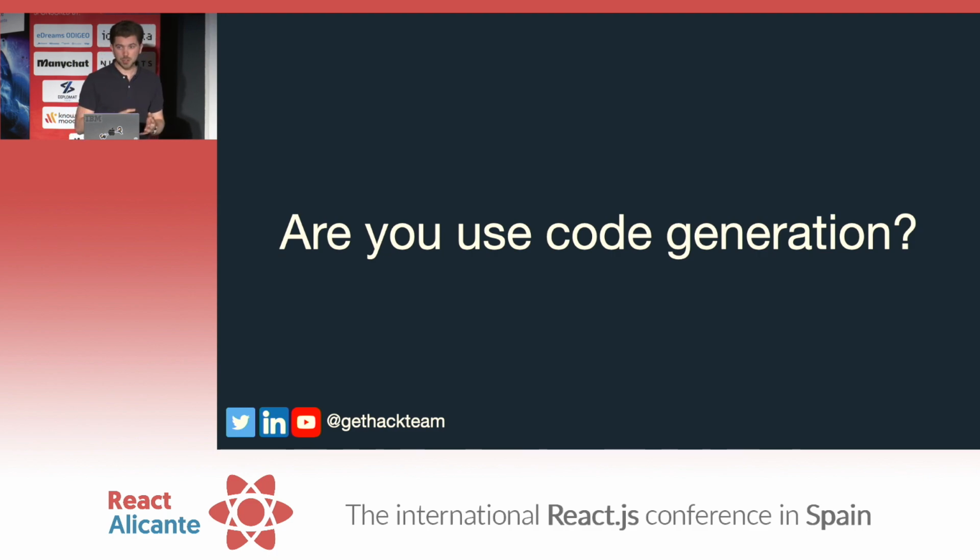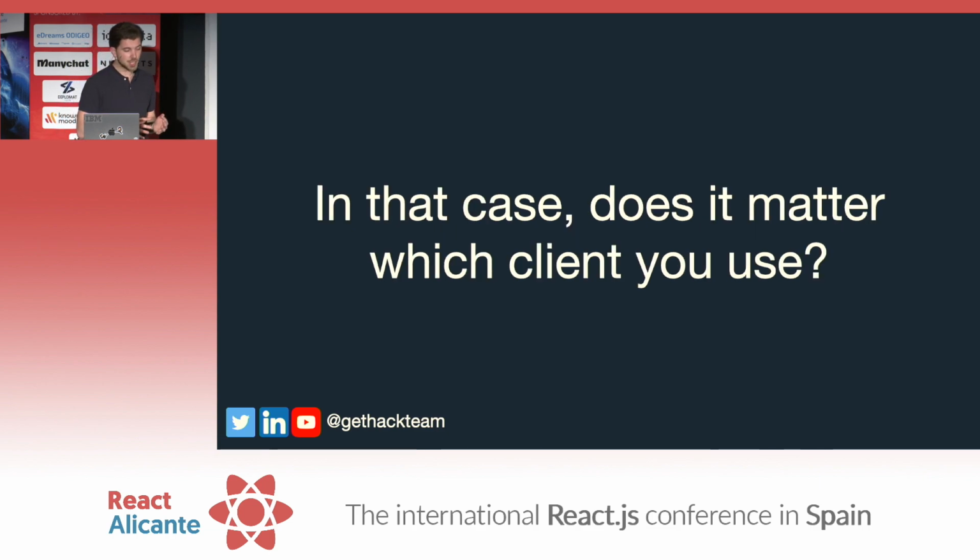And then there's another, more open-ended question. For those of you who are using GraphQL, are you using code generation to create TypeScript code? Nice, that's good to see. Well, a question I might have is, in case you're using code generation to create GraphQL types for your schema, but also all the operations defined in your application, it might be a good question whether you actually need a GraphQL client, because in theory you don't really have to know which GraphQL client you're using.